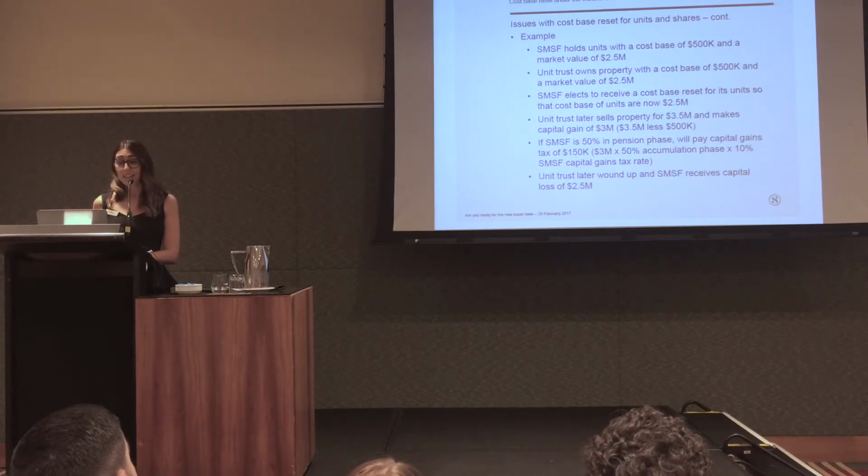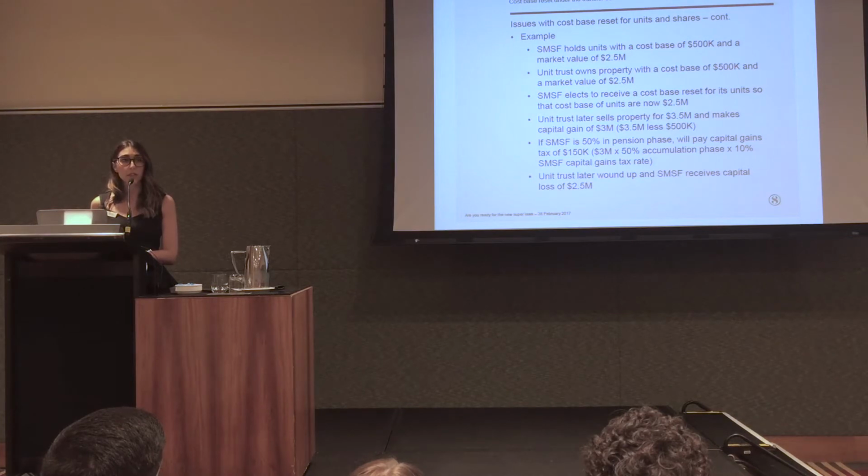The unit trust later sells the property for 3.5 million, so it makes a capital gain of $3 million, being the 3.5 sale price less a $500,000 cost base. So at that time, if the SMSF is in pension phase, it will pay capital gains tax of $150,000, being the $3 million capital gain times 50% in accumulation phase times 10% of the SMSF CGT rate. The unit trust is later wound up, and at that time the SMSF would receive a capital loss of 2.5 million.